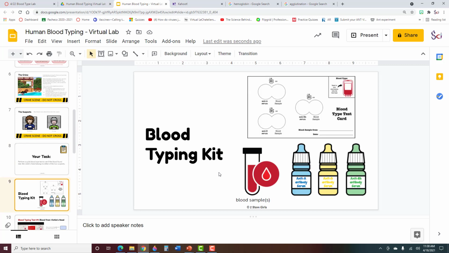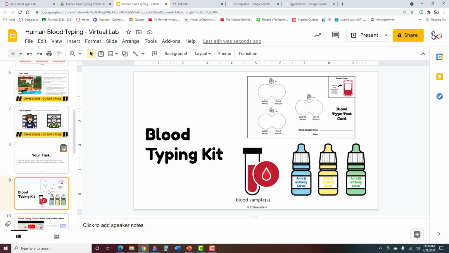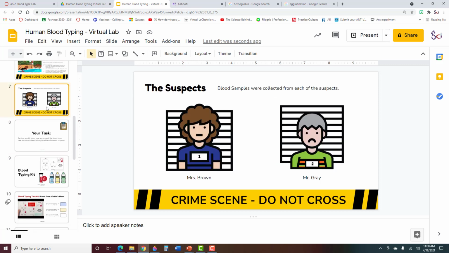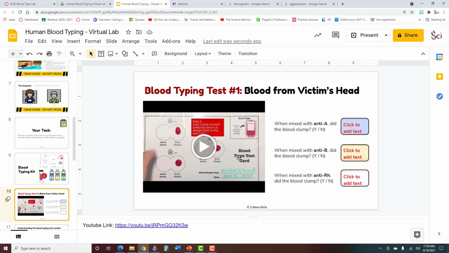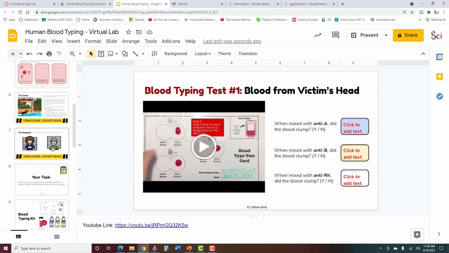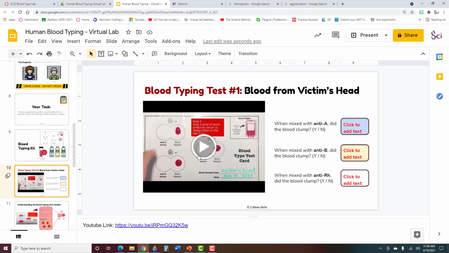You're going to do a blood type test to see if the blood type matches either one of these people, because if it doesn't match, then chances are they're not your perpetrator. You're going to watch these videos here. You're going to look for that clumping that I showed you earlier, that agglutination reaction, in this video, and you are going to type that in here.